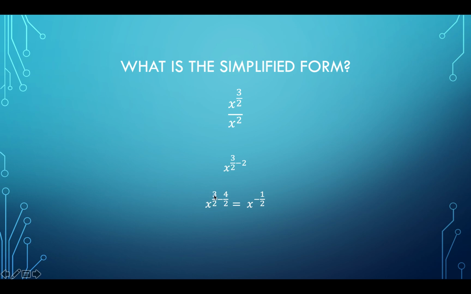What you have to do is find your common denominator to subtract a whole number. So we have x to the 3 halves minus 4 halves, and our final answer is x to the negative 1/2 power. Remember, this is still a negative exponent, so what we have to do is make it positive. The way we do that is put it down into the denominator, and we're left with 1 over x to the 1/2 power.